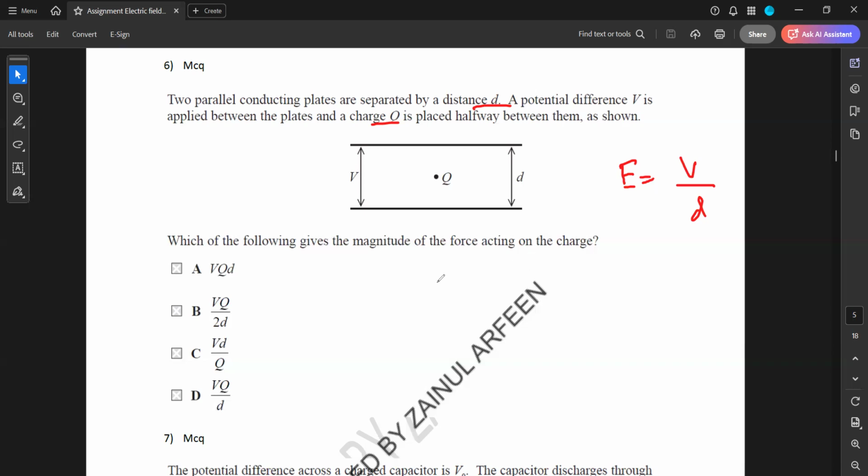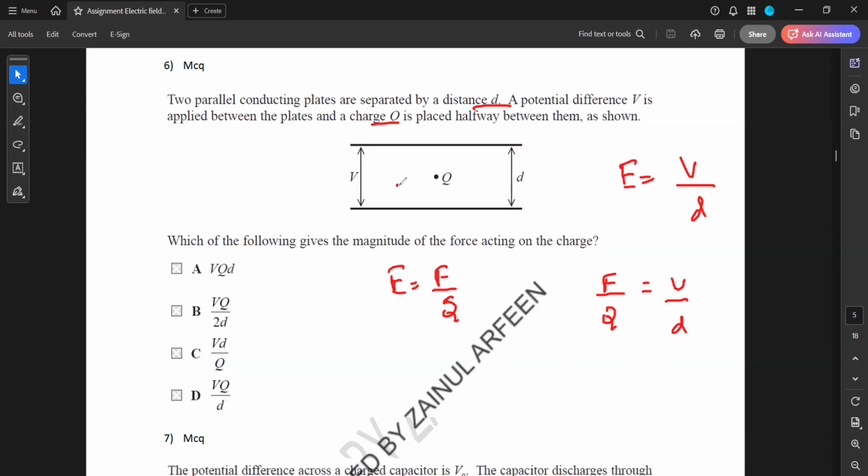And we know the strength of the electric field E is equal to F over Q. So in place of E, I can substitute F over Q. So F over Q is equal to V over D, because we know the strength of the electric field is constant.